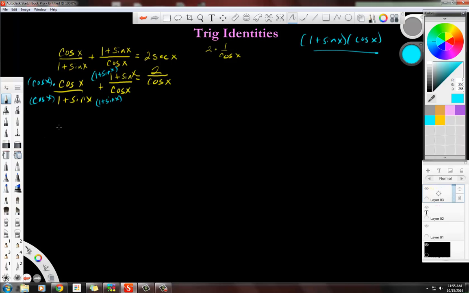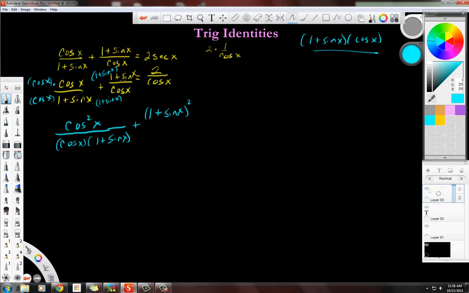All right, so this is going to become, on this first fraction, now I'm going to make them a little bit bigger, so this is going to be ugly for a little bit. This would be cosine squared x. And on the bottom, instead of distributing that through, I'm just going to leave it alone for now. Okay? I don't have my work in front of me, so we're going to see what happens here. I'm going to leave it 1 plus sine of x, plus, and on top of that, it would actually be 1 plus sine of x quantity squared.